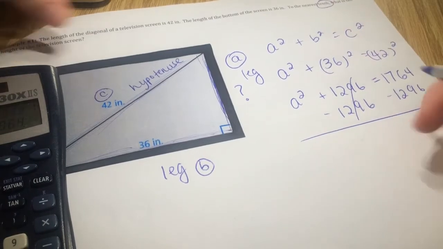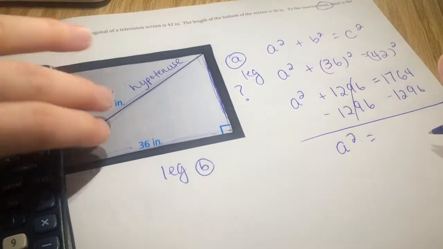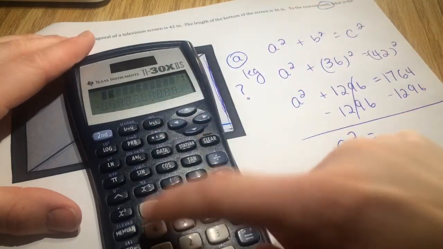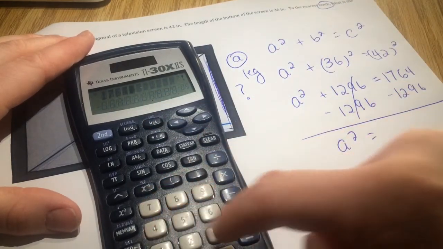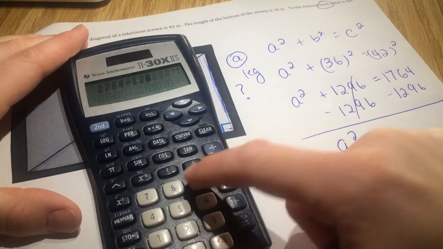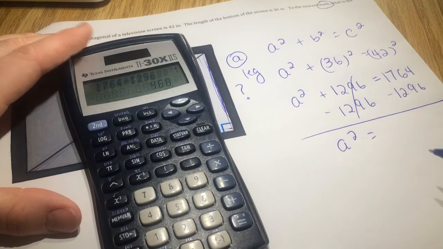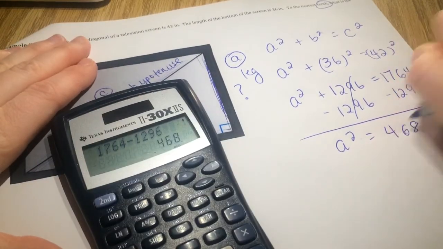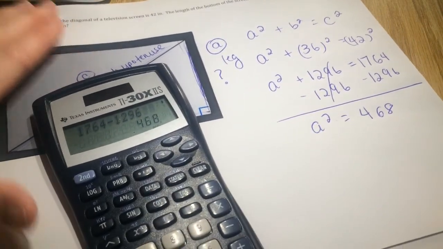These cancel out and you're just left with a squared equals, and then if you want to use the calculator, 1,764 minus 1,296 equals, and the answer is 468.